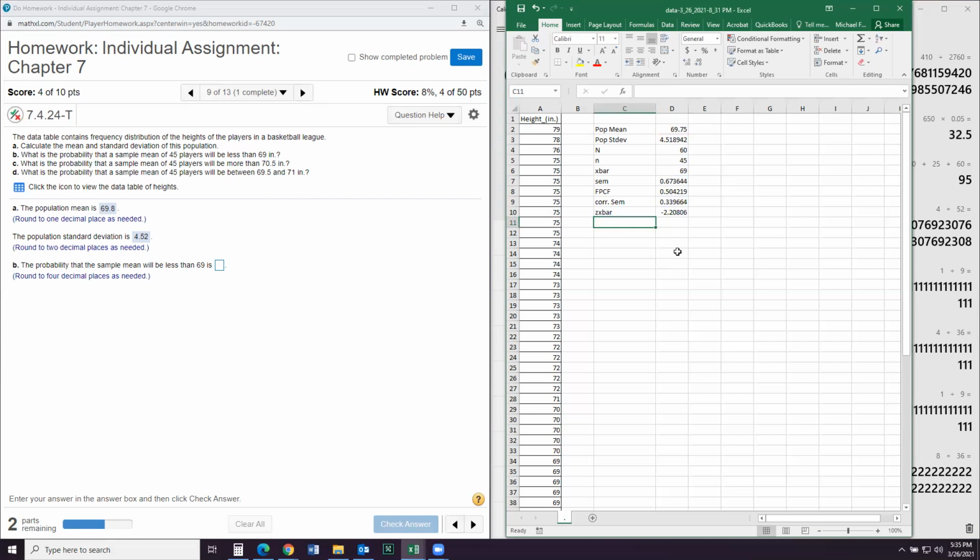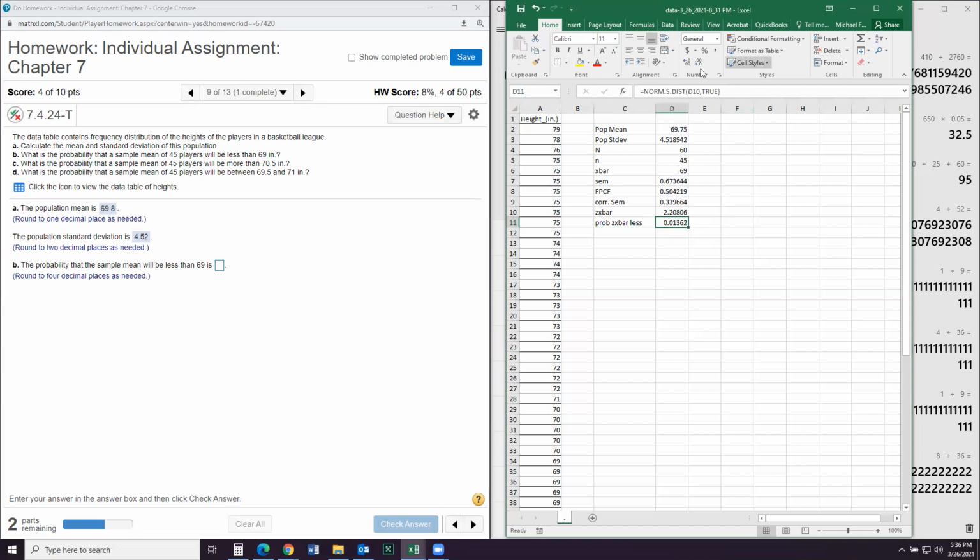So then, if we want to find the probability that z of x bar is less than this x bar of 69, we're just going to use NORM.S.DIST. So that's the standard normal distribution. And then we put in our z-score, and for cumulative, we put true. So that's the probability that our sample mean will be less than 69, right there.